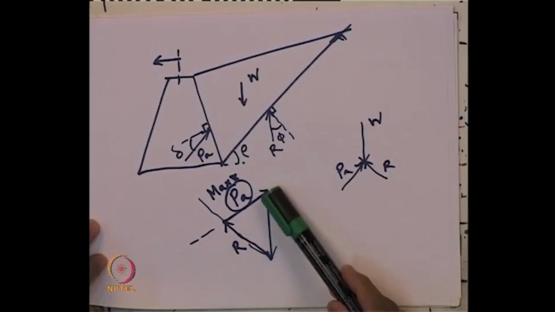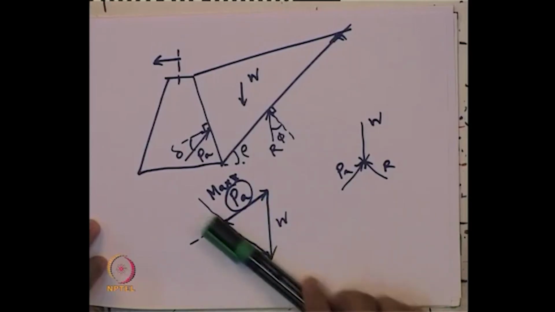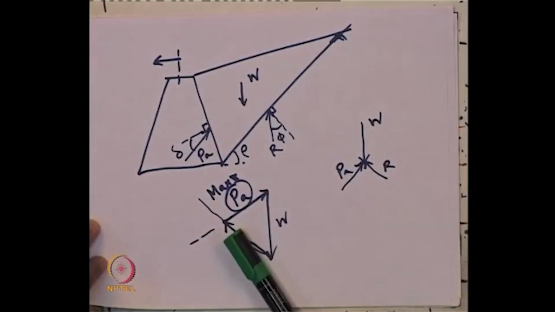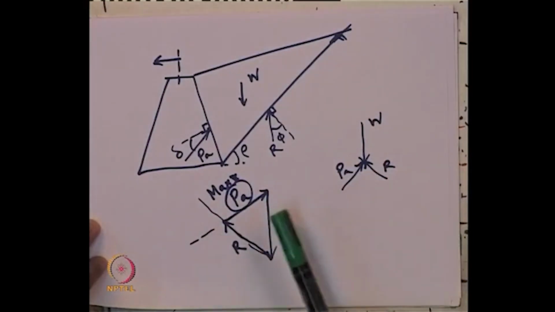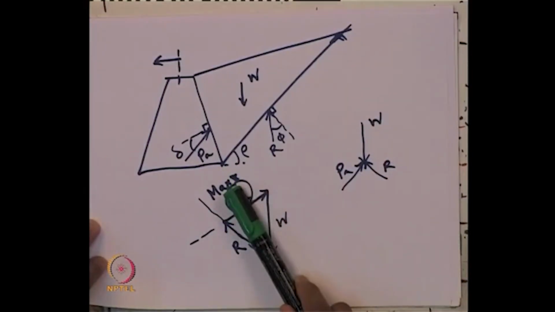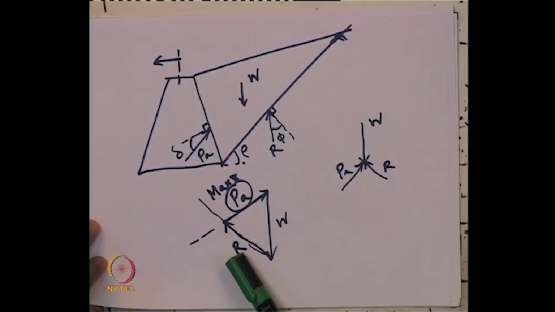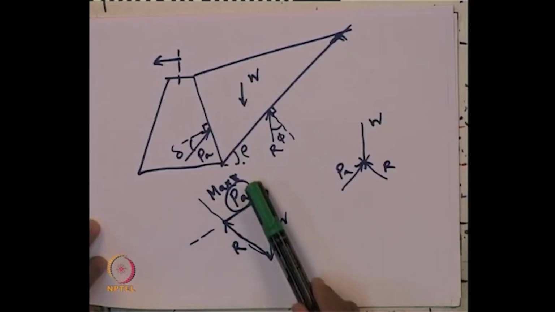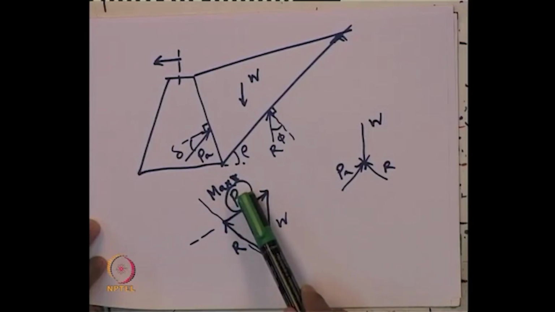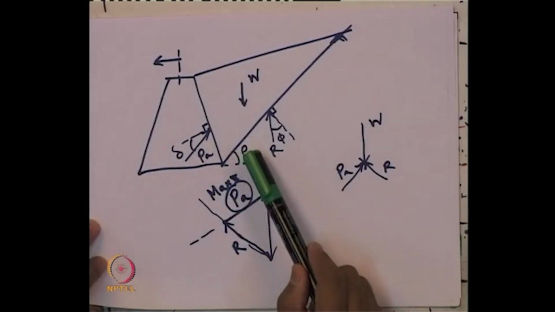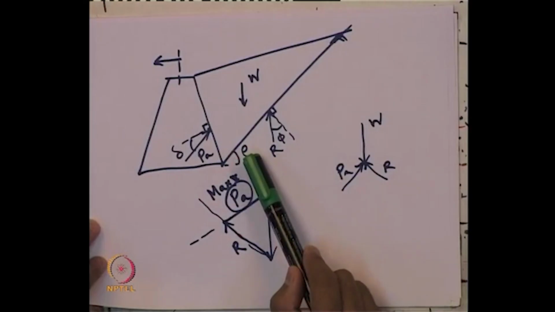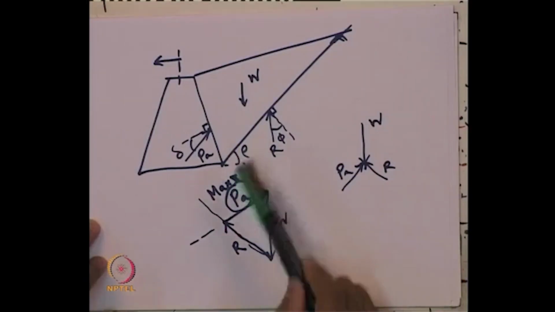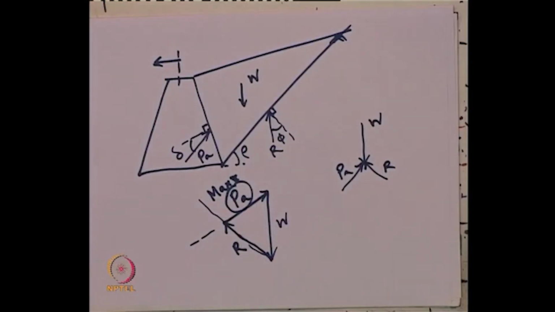So, this is W, which is completely known. Now, by drawing this line and the line here, wherever they intersect, we will get the value of Pa over here and the value of soil reaction R over here. For design in the conventional static analysis of Coulomb earth pressure theory, we maximize this value of Pa to get the design value of active earth pressure by changing the failure angle rho, so that the maximum value of Pa is obtained.